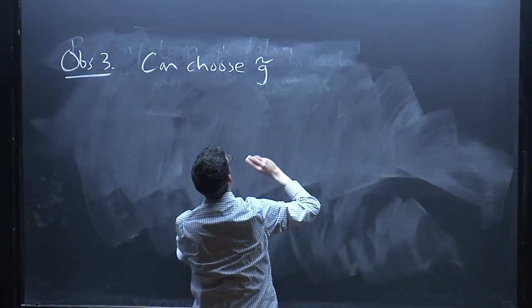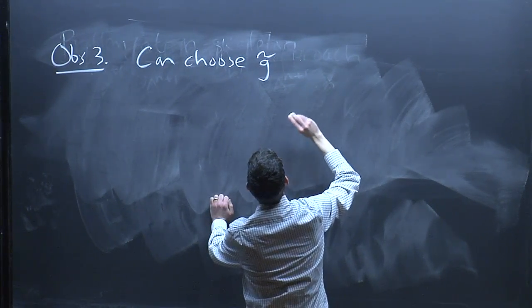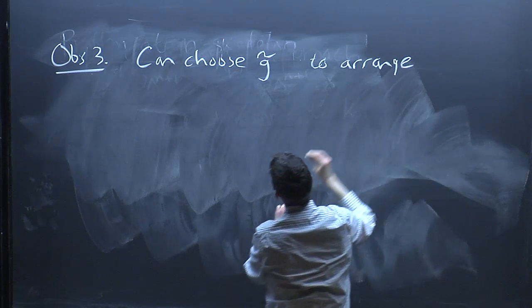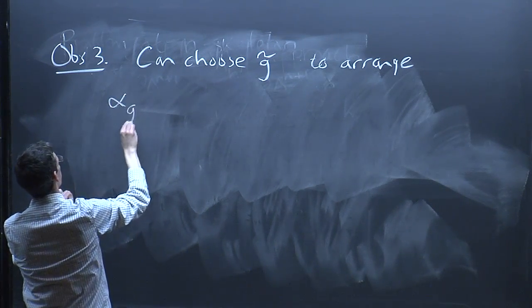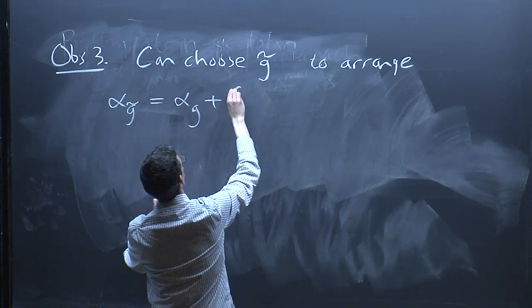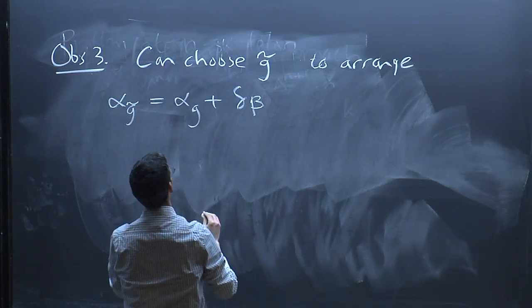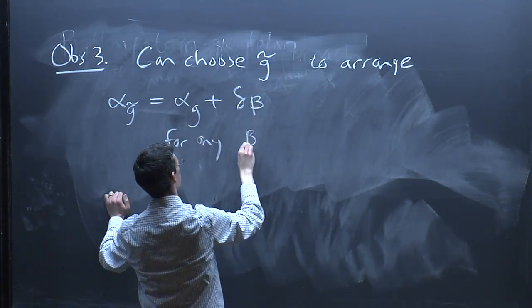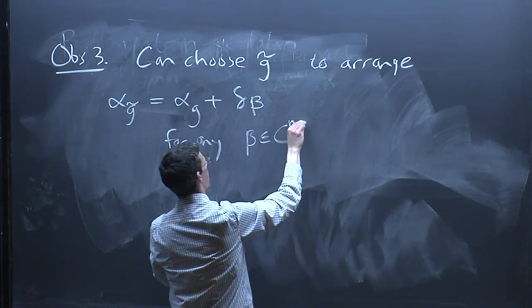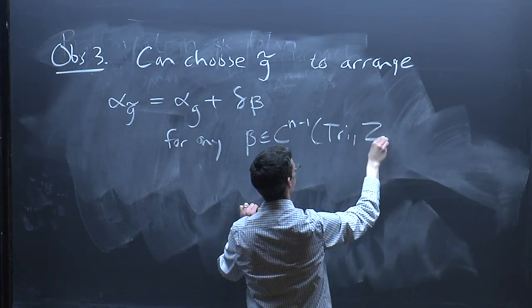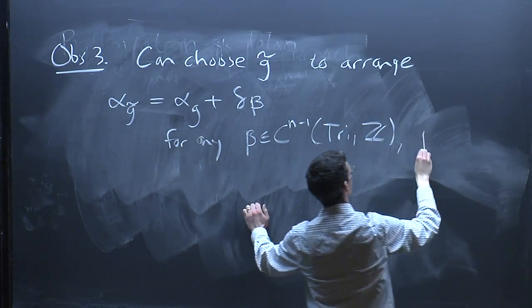G tilde to arrange that the new cocycle, alpha of G tilde, is the old cocycle plus the coboundary of beta, where beta, for any beta, is an n-1 dimensional cochain with integer coefficients and vanishing on the boundary.